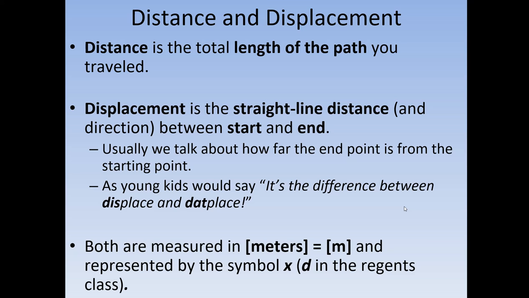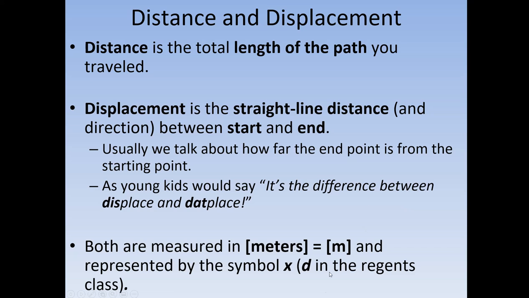And in both of these cases, because these are both representing how far something has traveled, they're both going to be measured in meters. And in AP Physics, the distance and displacement typically are represented by the symbol x. Usually, x is actually representing the position of something.